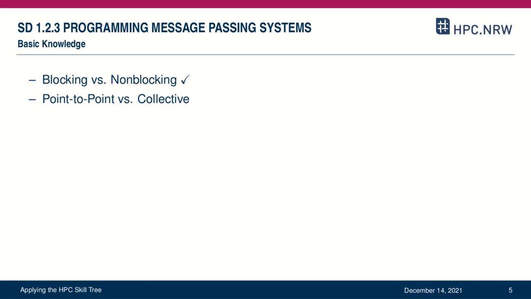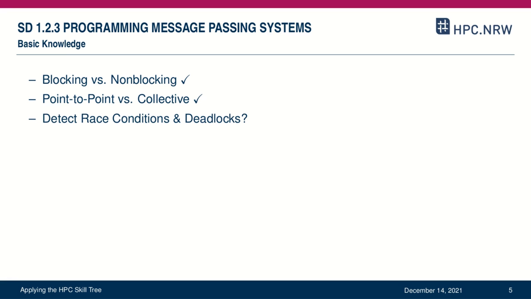And the wiki also lists point-to-point versus collective communication, so I could easily agree on that as well, that collective communication is one of the greater benefits of the MPI standard, that it basically defines collective communication primitives that have some form of built-in optimization compared to manually programming it on a point-to-point level.